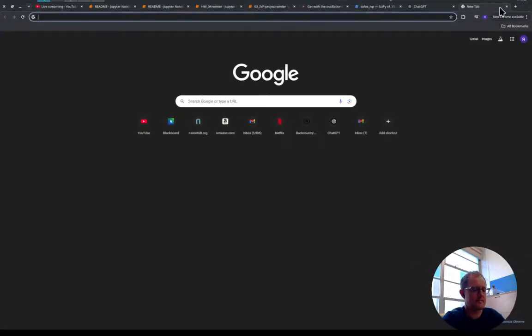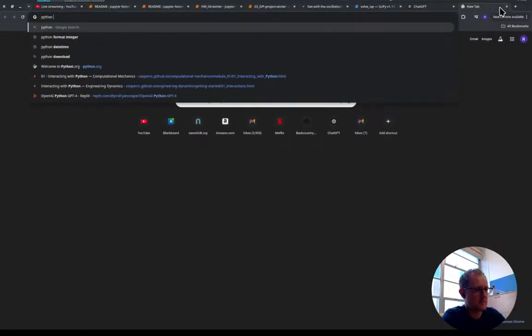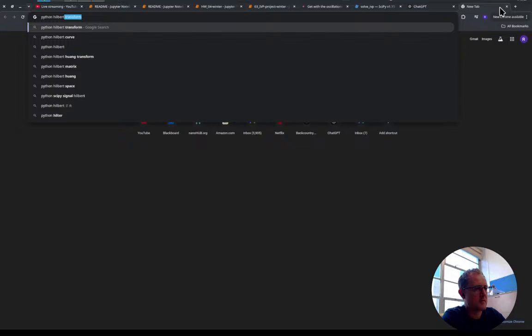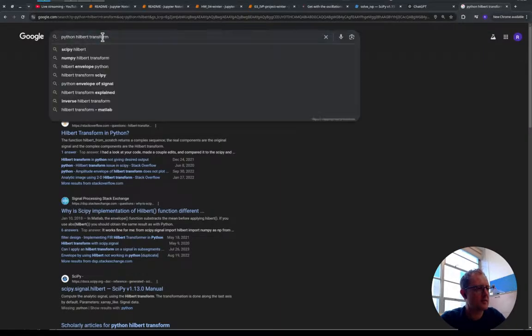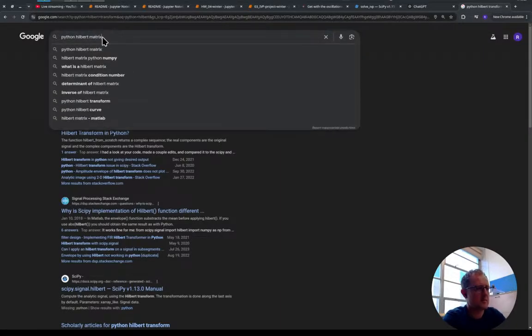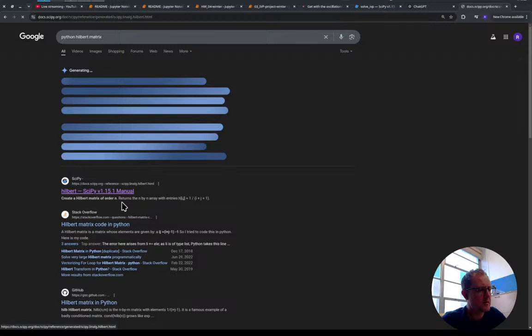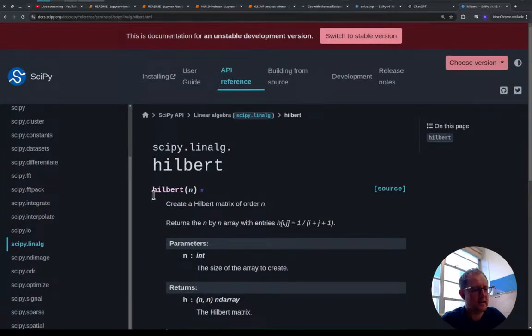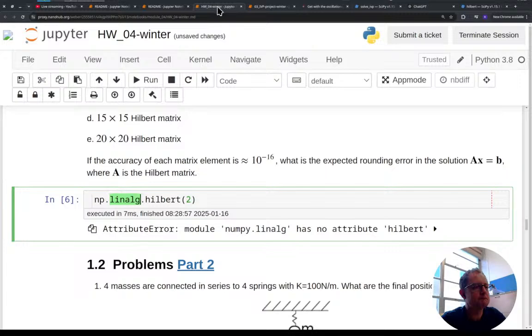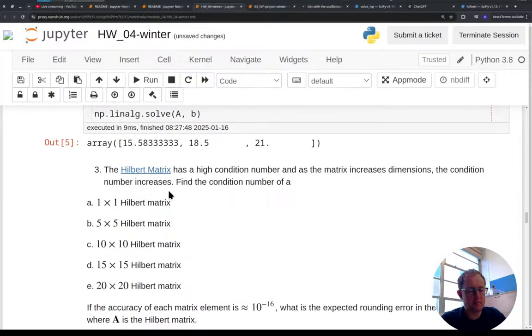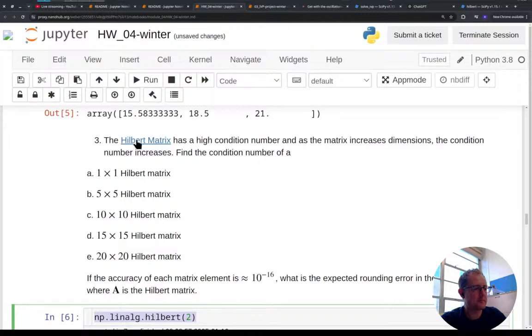How do I get that? I don't know, not a Hilbert. Oh, it's scipy.linalg. Okay. So building Hilbert matrices is not really a learning objective.